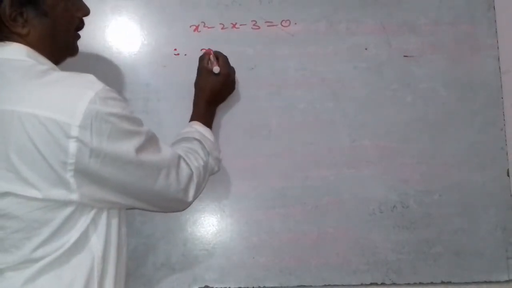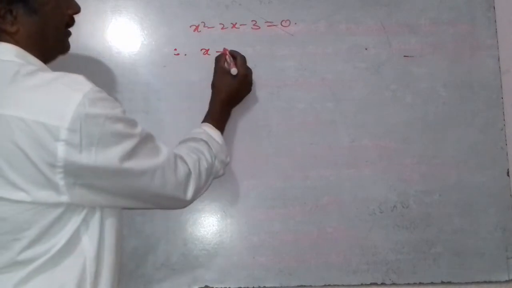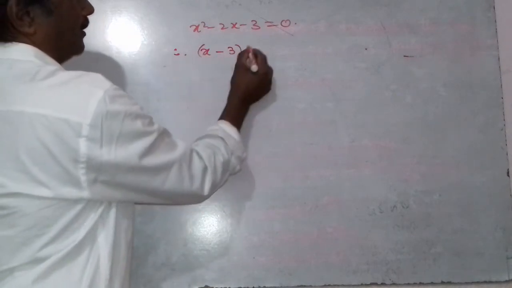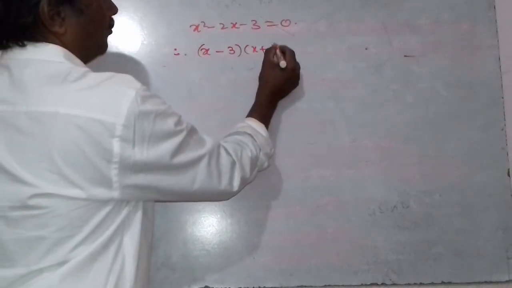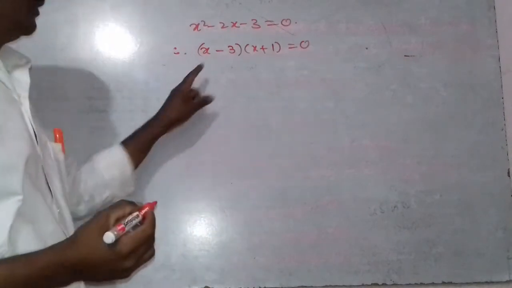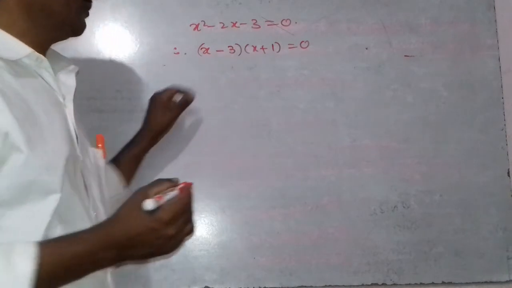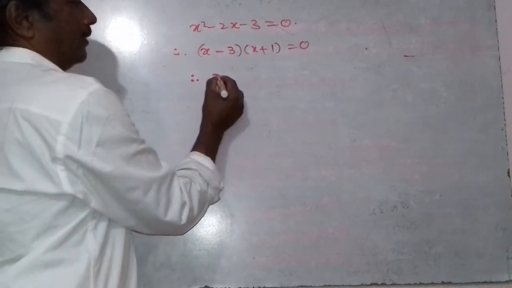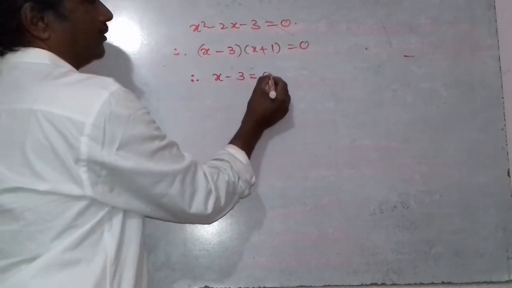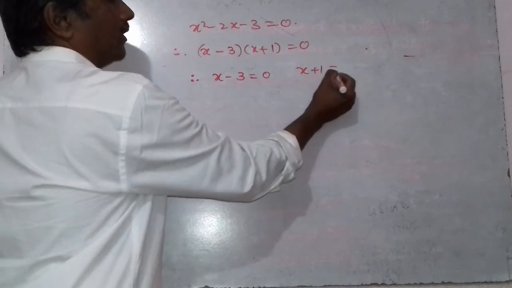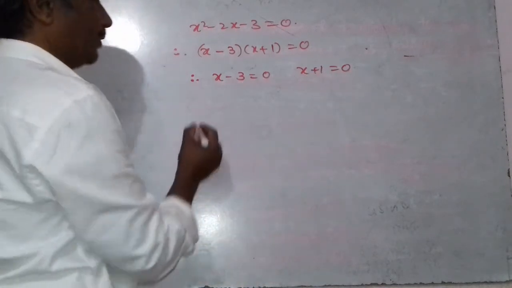Therefore, x minus 3 times x plus 1 is equal to 0. So x minus 3 equal to 0 and x plus 1 equal to 0.